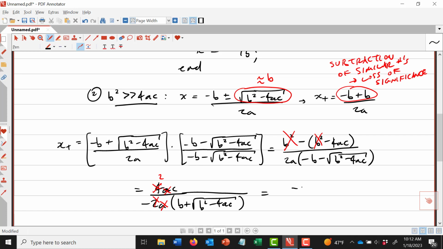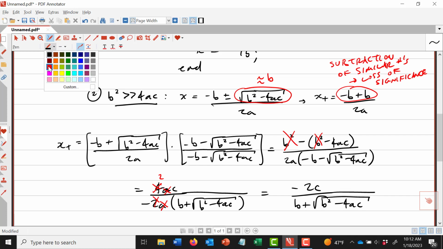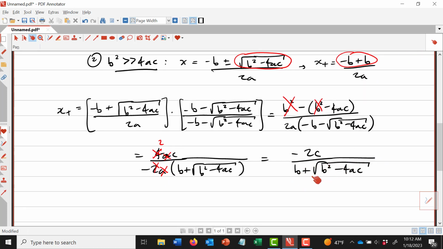So what we get then is minus 2c over b plus square root of b squared minus 4ac, like so. Now you can see that whereas before we had a minus sign, we had b minus b essentially, or something close to b minus b, and that gives you loss of significance. Now in the denominator, we have a plus sign. So this addition means that we do not have a loss of significance.